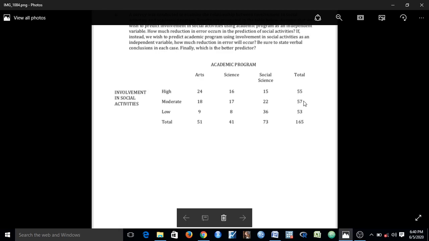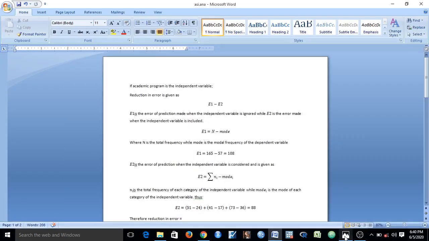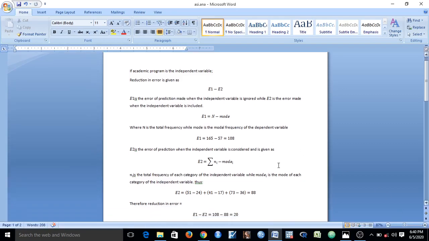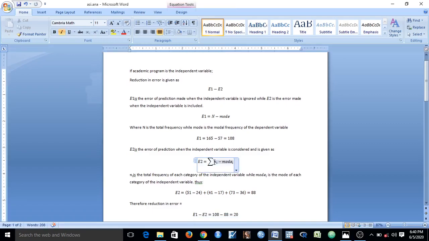The mode is the highest value, which is 57. Then we have 165 minus 57, which is 108. Our E1 is 108. Then E2, as we said, is the error of prediction when the independent variable is considered. Now if we put the independent variable in the model, what is the error we are going to get? Our E2 is the summation of ni minus mode i.